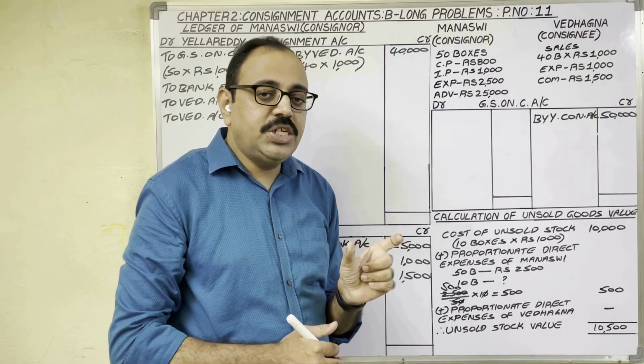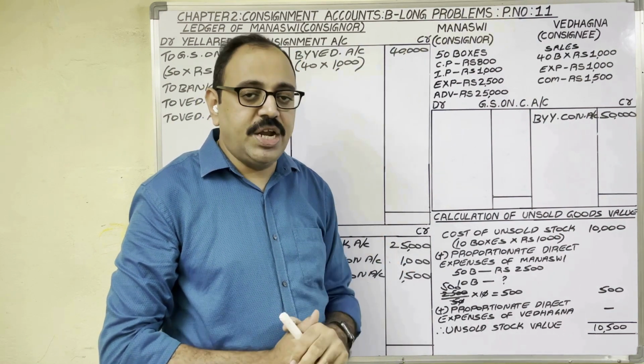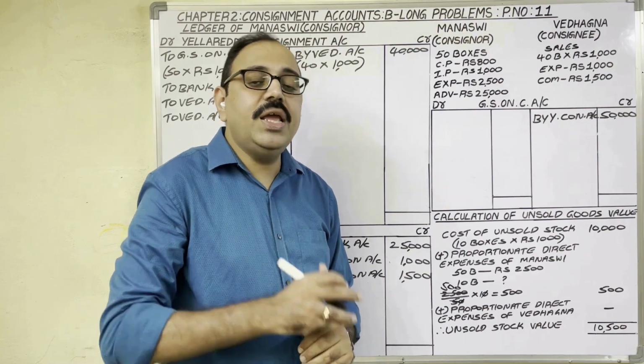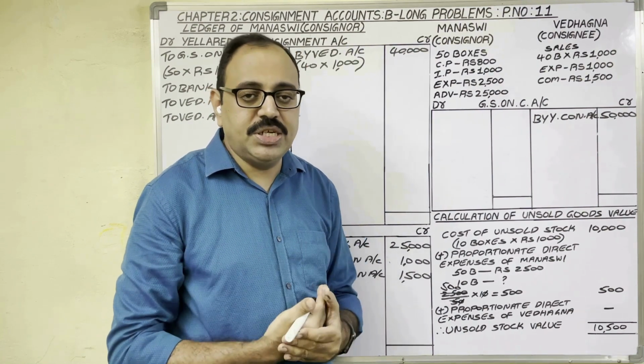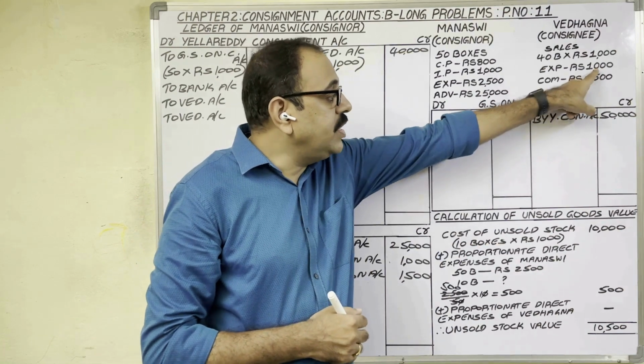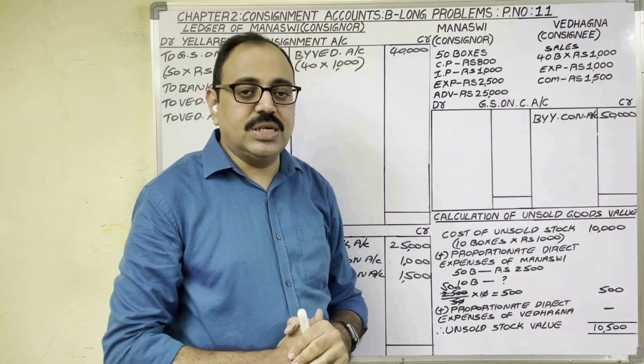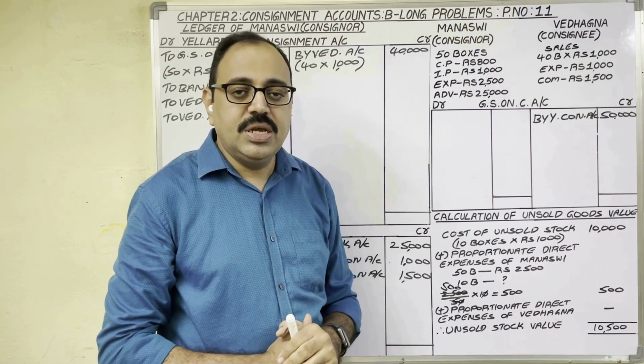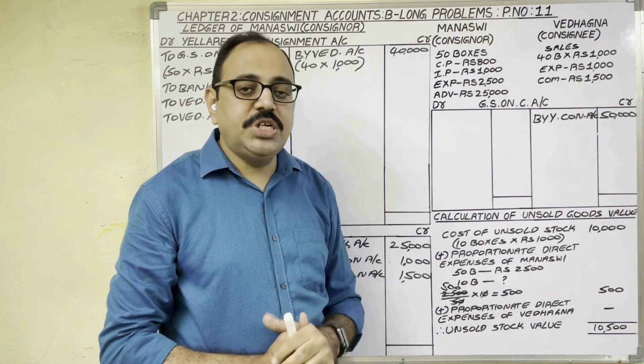Direct expenditure means non-recurring expenditure, only once. Indirect expenditure means recurring expenditure, repeated expenditure. The consignee spent 1,000 towards selling expenses. Selling expenses means maybe advertisement expenditure, maybe salesman commission.